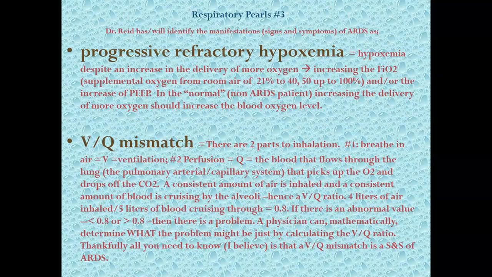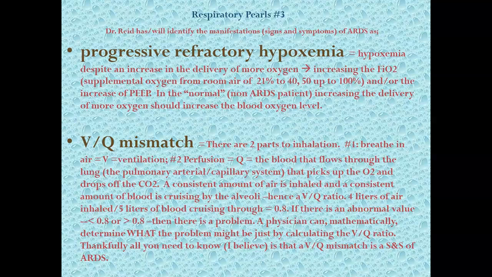And when we talk about progressive refractory hypoxemia, what's that definition? Well, it's hypoxemia, patients having a low oxygenation blood level despite an increase in oxygen delivery. So in other words, if the FiO2 started, say, at 40%, and then you went up to 50%, or the physician prescribed an increase to 50% because the patient was still hypoxic, well, then this would mean refractory.